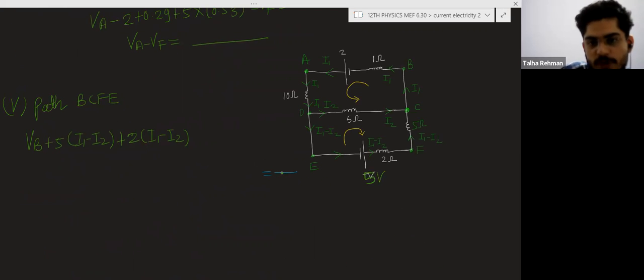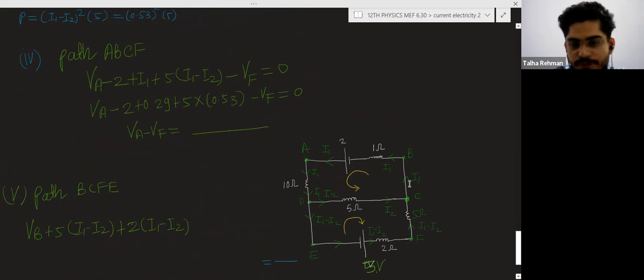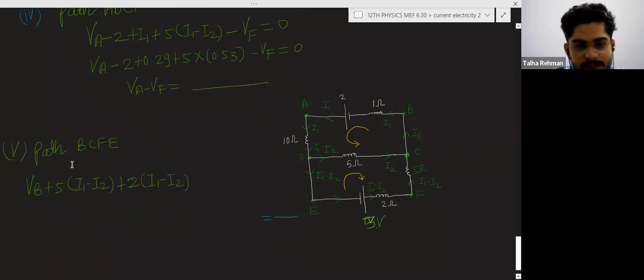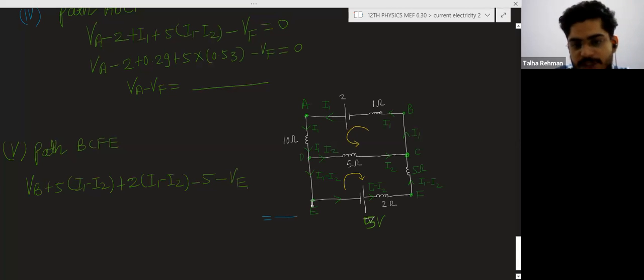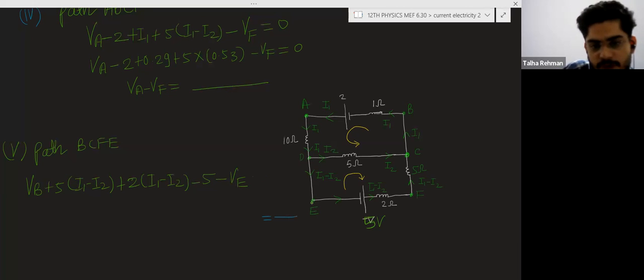This is 5 volt and we are moving from B, C, F and E. So this you will take minus because you are moving from higher to lower potential. This you will take as minus 5 and this is minus VE, because the potential you will take this minus, and this equal to 0.